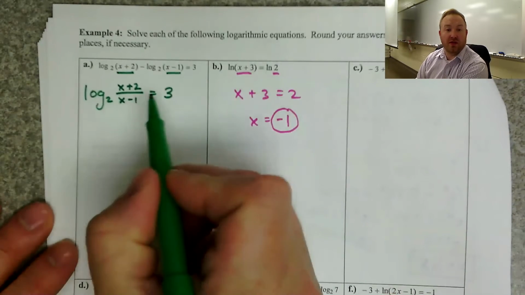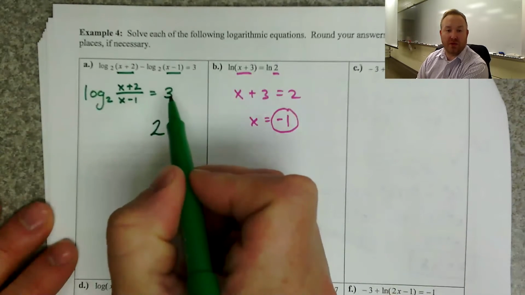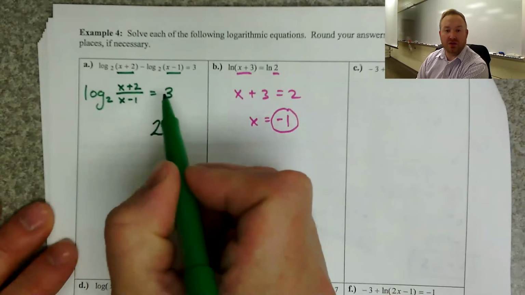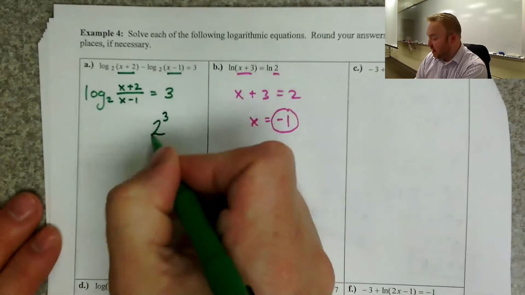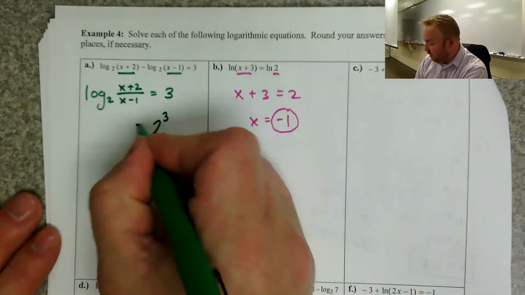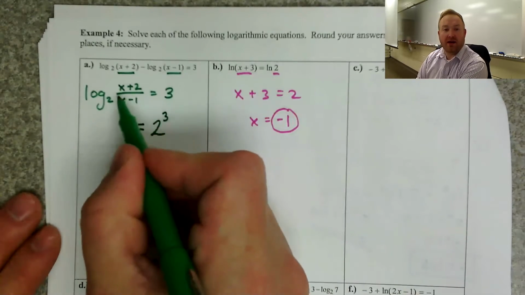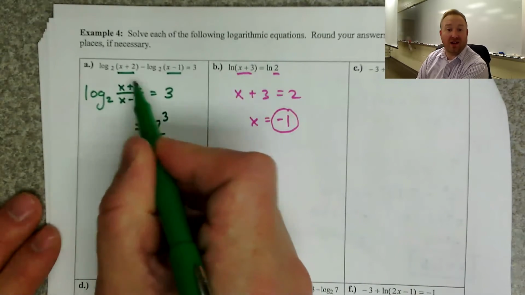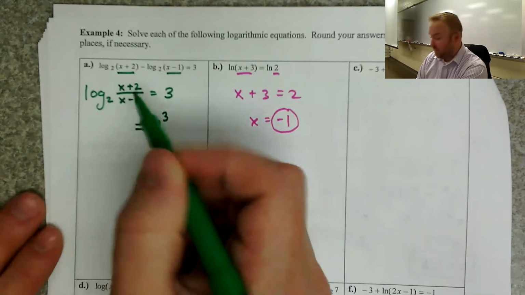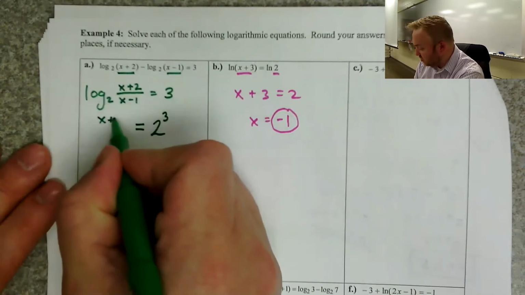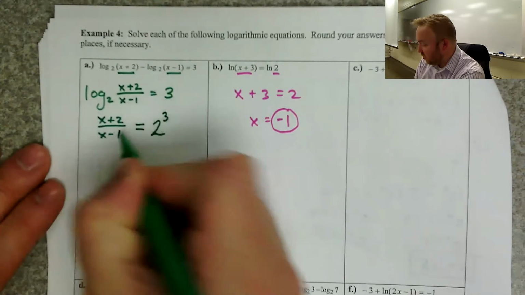The logarithm will equal the exponent. This log equals 3, so the exponent must be 3. This power will equal the quantity that was inside the log, that's the argument, but we also call it the power. The power will equal this quantity inside the log, which is x plus 2 over x minus 1.